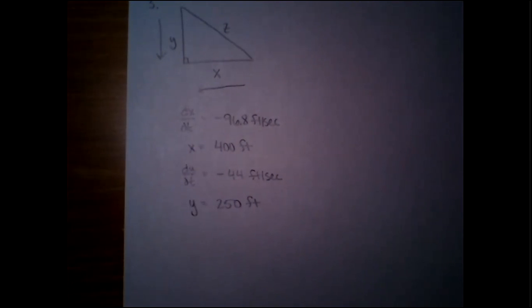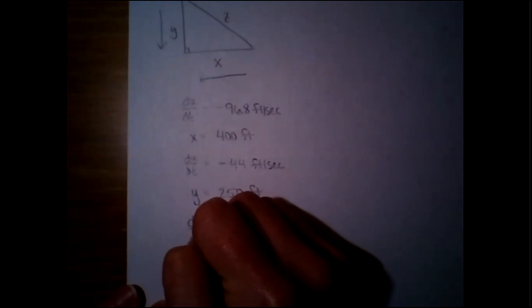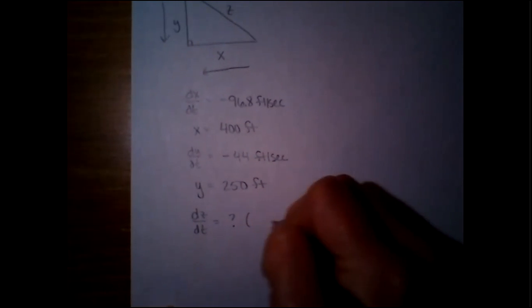And they're asking us how quickly is the distance between the two vehicles changing, and that's going to be the dz/dt. And so should that be positive or should that be negative?